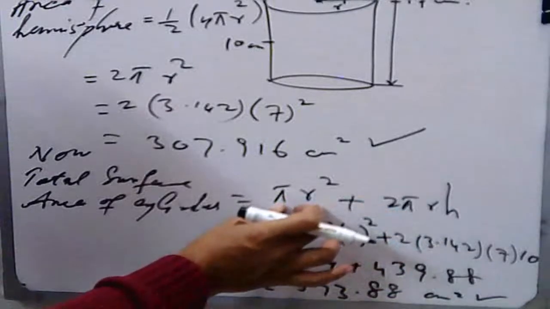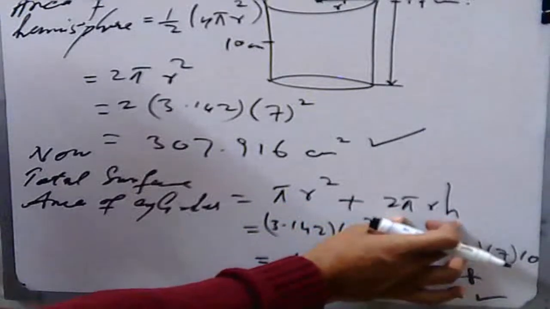Now we need the total surface area of the full fig, total surface area of the full fig. So you should add it.